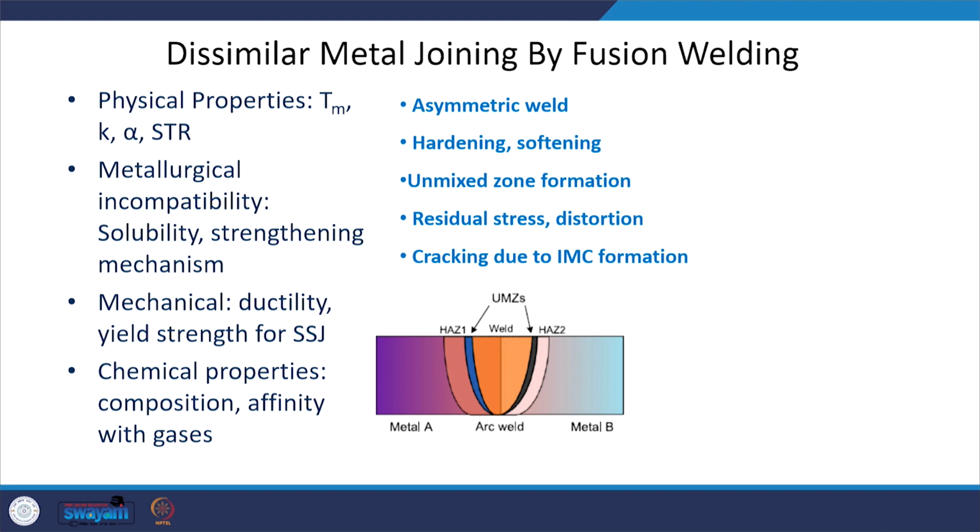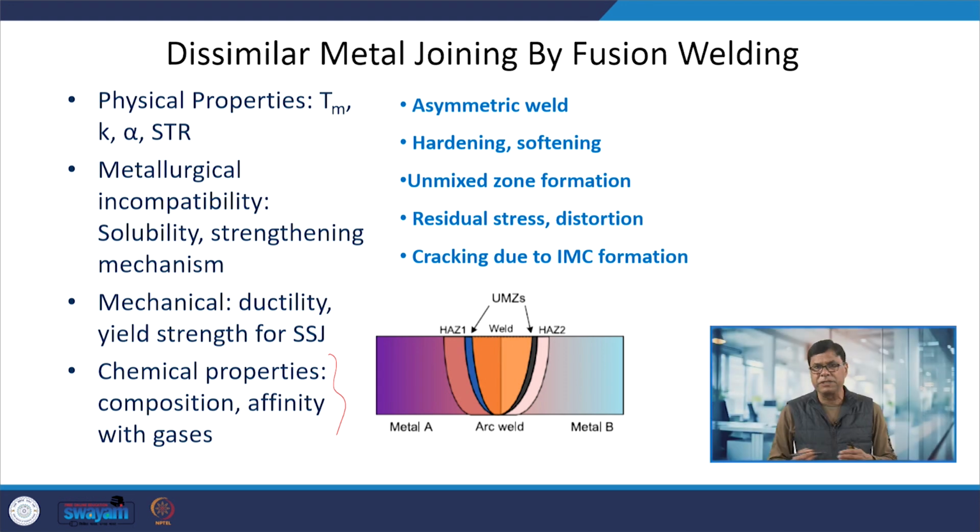Okay. Then chemical properties include composition and the affinity with gases. So, the different metals which are being joined by fusion welding processes may respond differently to the gases, and when they mix up with each other, the response of the molten weld metal after solidification may be completely different. Okay.